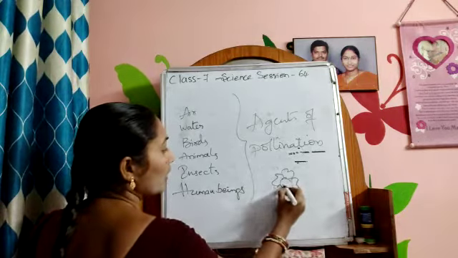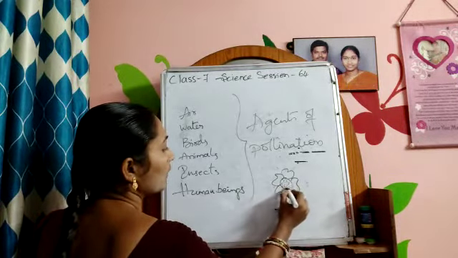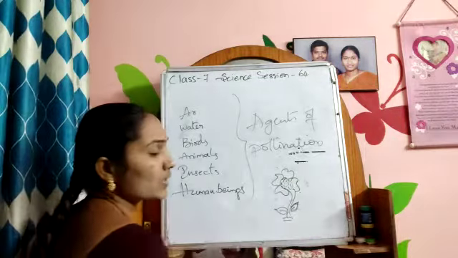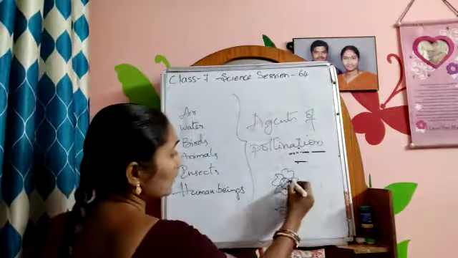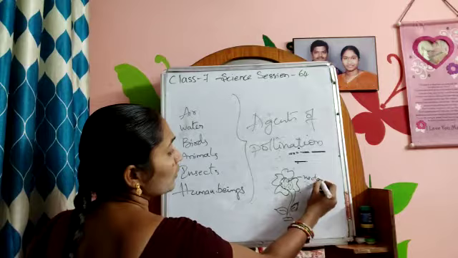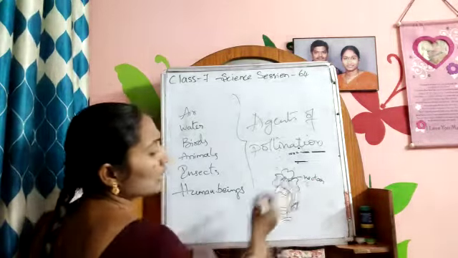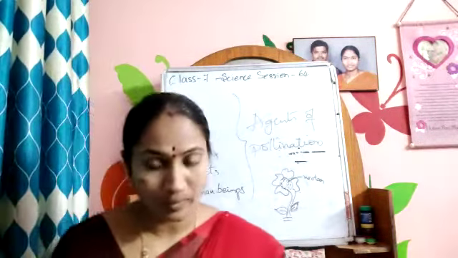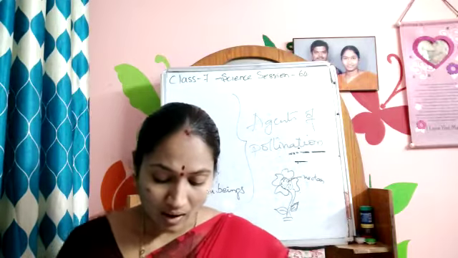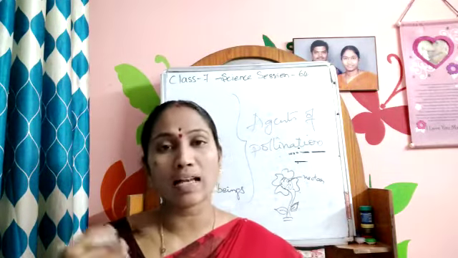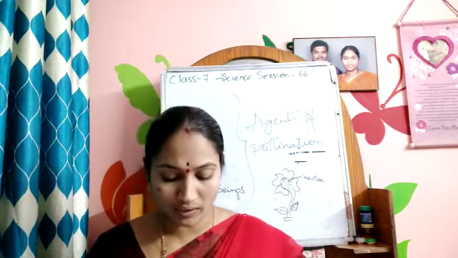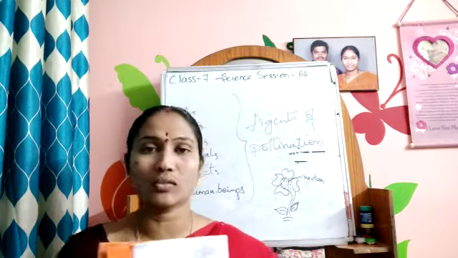Here you can observe the pollen grains. And what does the butterfly do? It will suck the nectar. While this process happens, these pollen grains will stick to the legs of the butterfly. When the butterfly goes to another flower for nectar, the pollen grains that have stuck to its legs will fall on that flower.